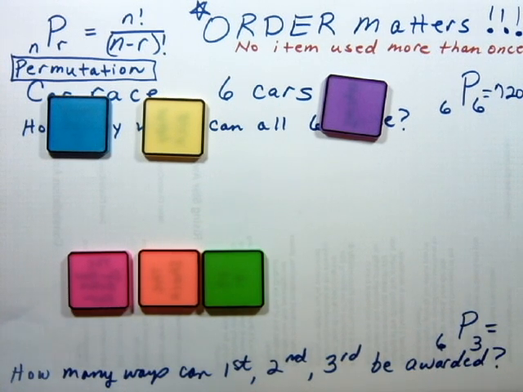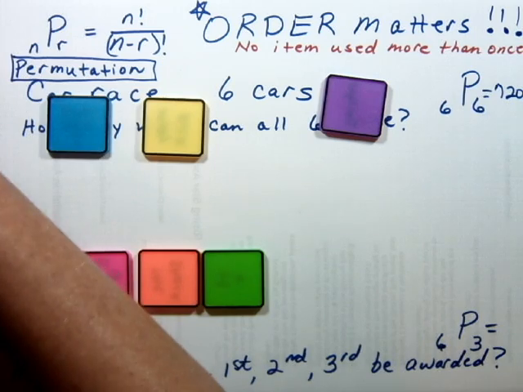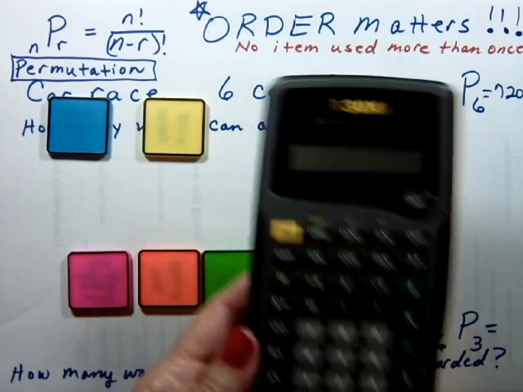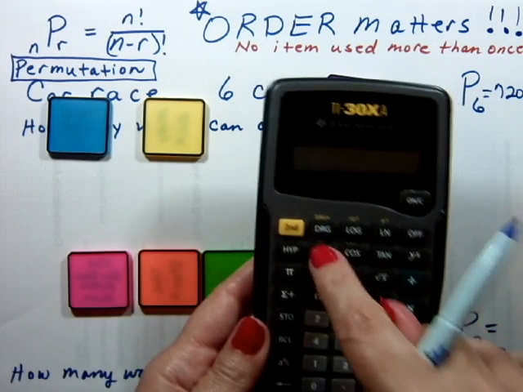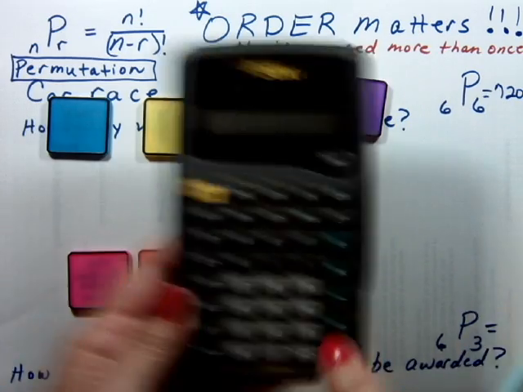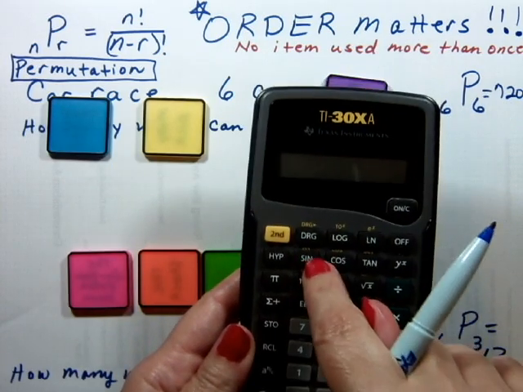On your calculator, if you have a scientific calculator with a PRB key, you'll hit PRB just like we did. So you would hit 6, then find your PRB, and then say 3.